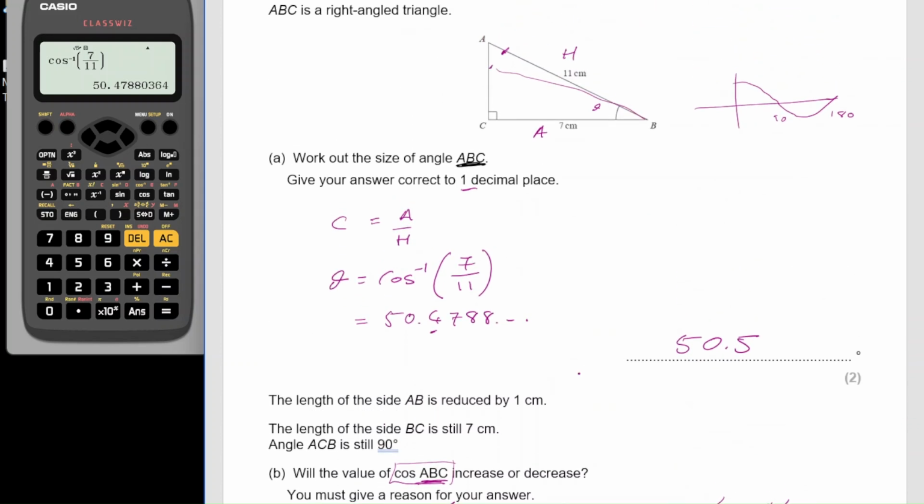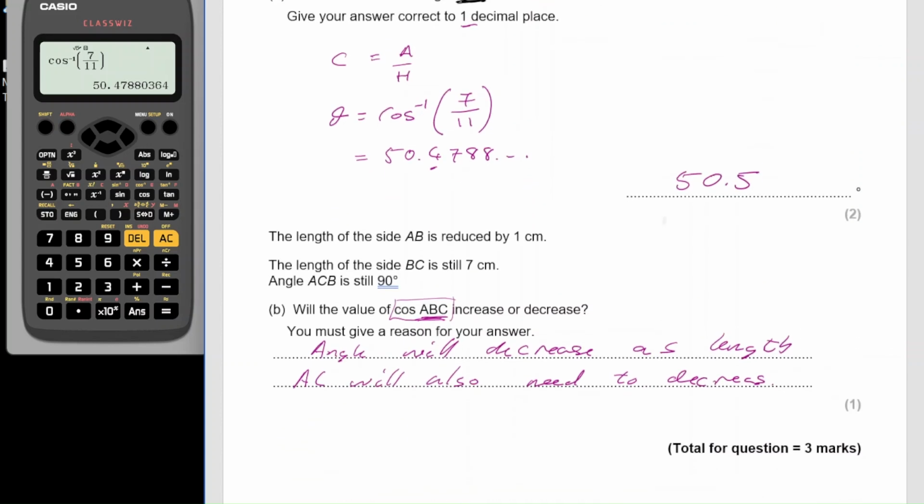So let's just say 50.5 is in here. So actually, if the angle decreases, the value of cos of the angle will increase. So cos of the angle, cos ABC, will increase.